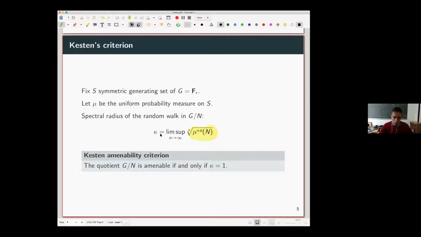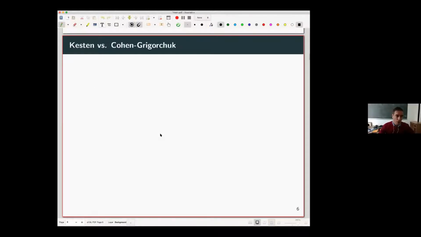So why do I say it's very similar to that other result of Cohen-Grigorchuk? If you think a bit, what is this probability that after n steps you come back to the identity? You look at two things.